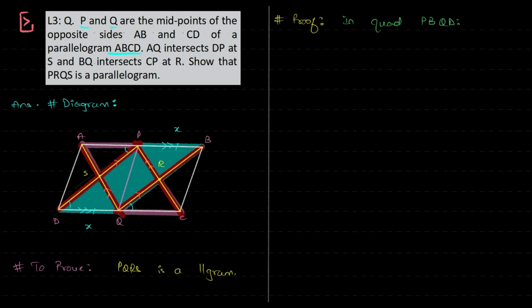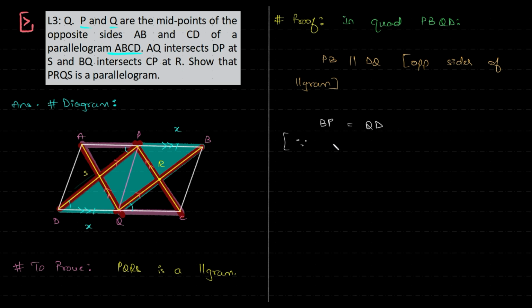What do we have? We have PB parallel to QD. These are opposite sides of a parallelogram. Okay, then what else do we have? We have PB is equal to DQ.